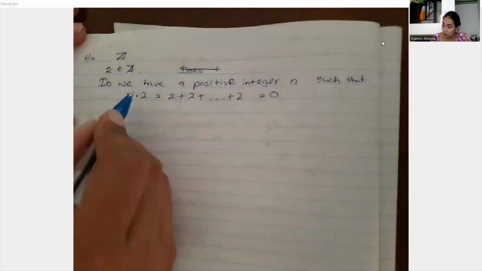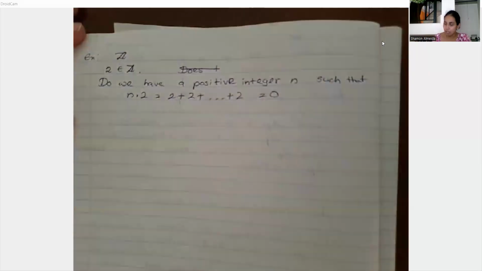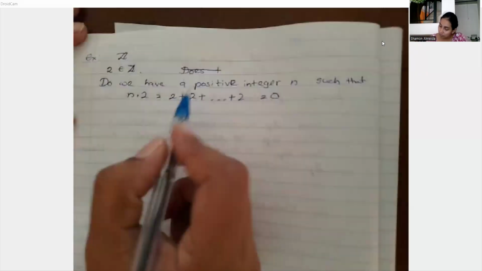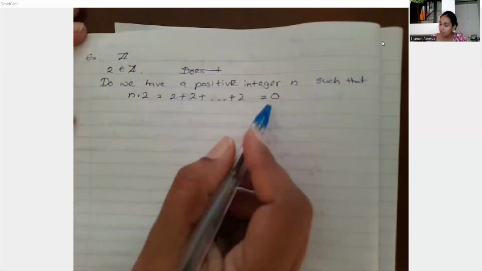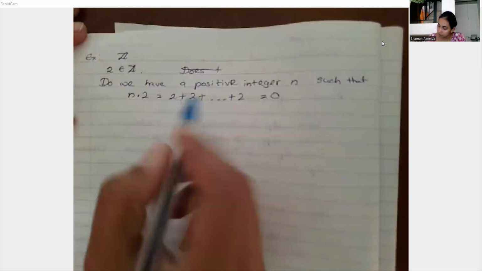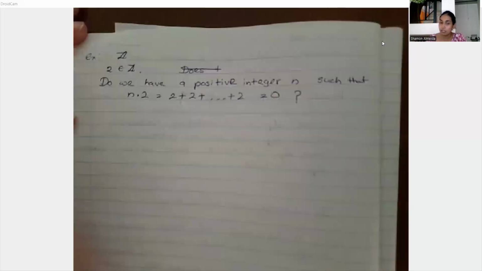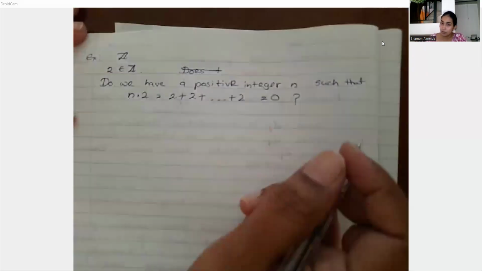So when you put 1 over here, 1 times 2 is simply 2, not equal to 0. And the next possible number would be 2. 2 times 2 would be 2 plus 2, that also equals 4, not 0.